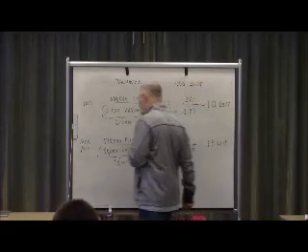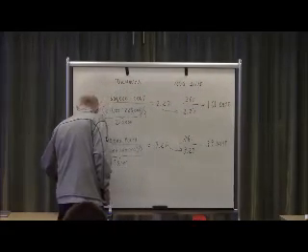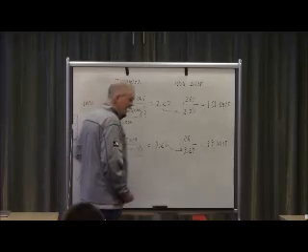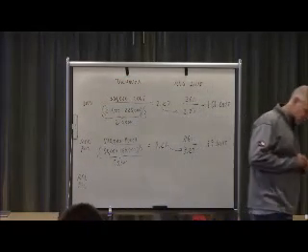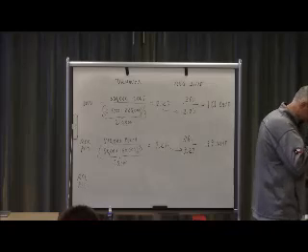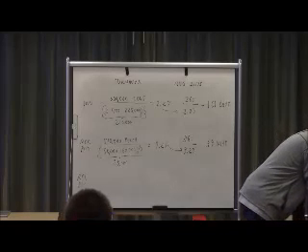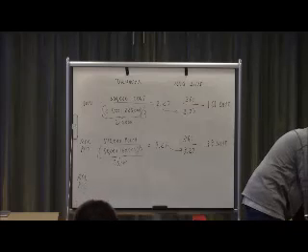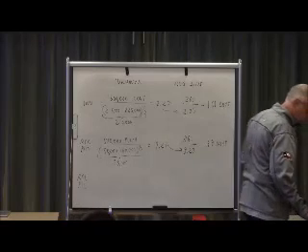And then last but not least, accounts receivable turnover. And that's sales is the numerator. That's the 700. Accounts receivable is 120 plus the 130.